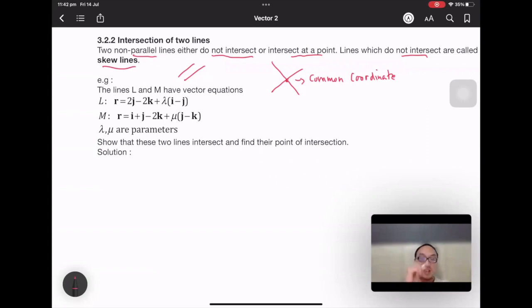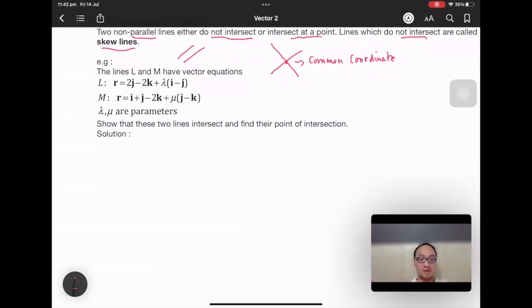Let's see the example. The lines L and M have vector equations. Show that these two lines intersect and find their point of intersection. We write L: r equals (0, 2, negative 2) plus lambda (1, negative 1, 0). For M: r equals (1, 1, negative 2) plus mu (0, 1, negative 1).